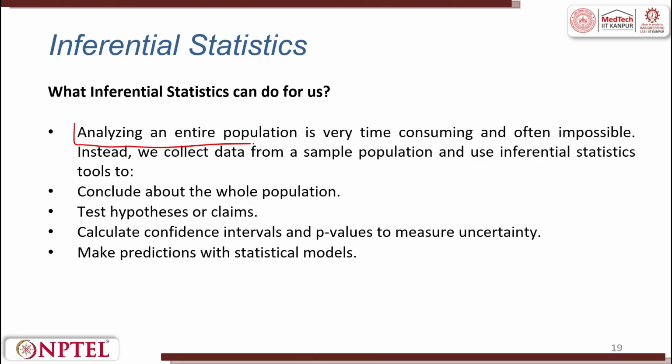Because analyzing the entire population is very time consuming, that is, a census survey needs a lot of resources, we collect the data from a sample population and use inferential statistics to conclude about the whole population, test hypotheses or claims, calculate confidence intervals and p-values, that is the probability values, to measure uncertainty and make predictions with statistical models.